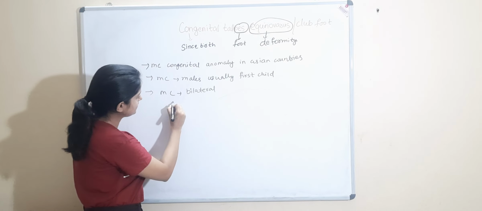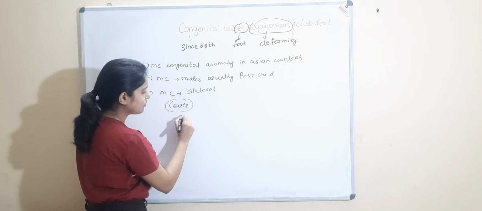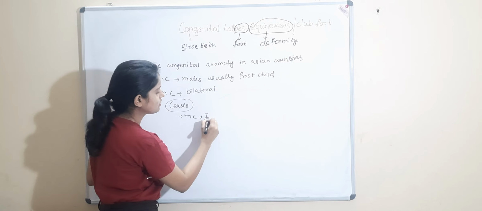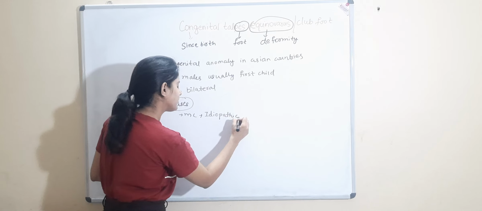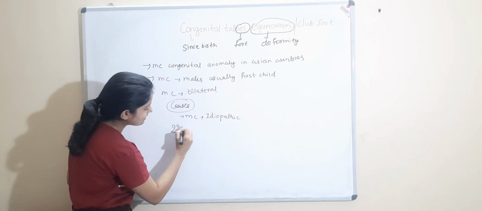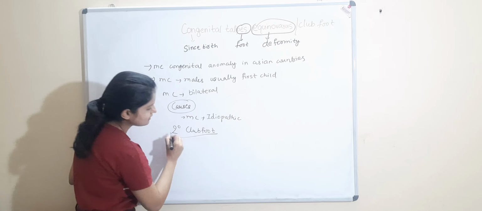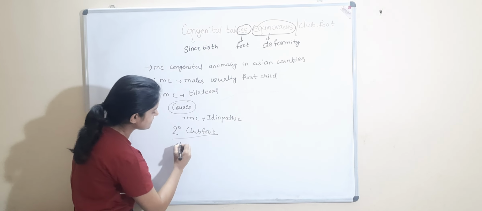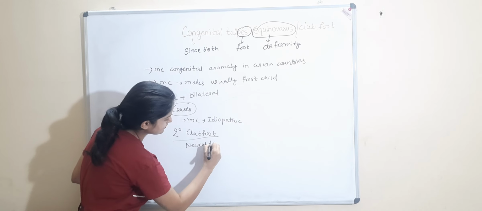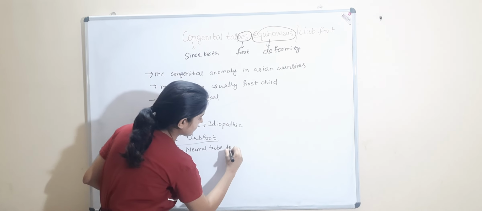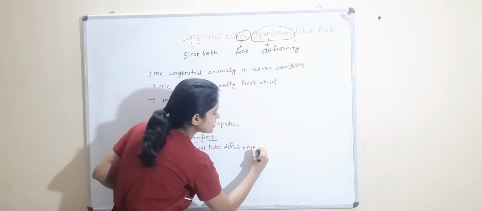Talking about causes, most commonly it is idiopathic, cause is unknown. Secondary clubfoot can be associated with other diseases like neural tube defects, meningocele, meningomyelocele.